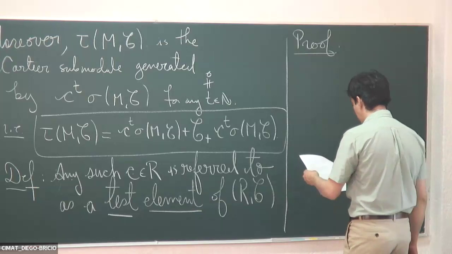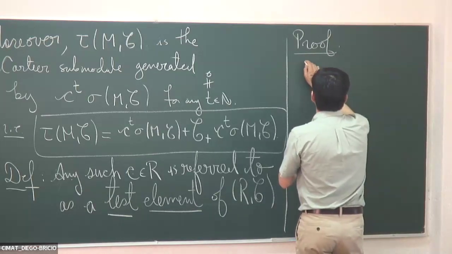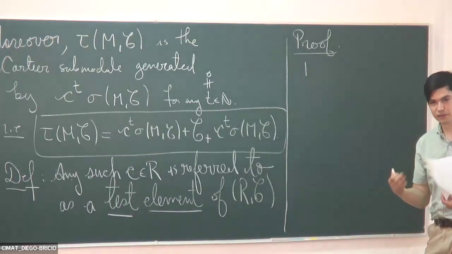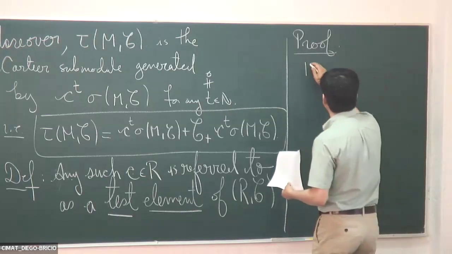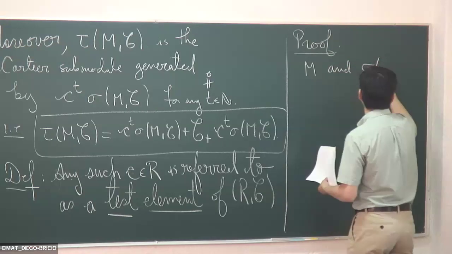So first of all, remember the test module is an invariant of the crystal. Let me forget about C. I'm just going to write down sigma n.